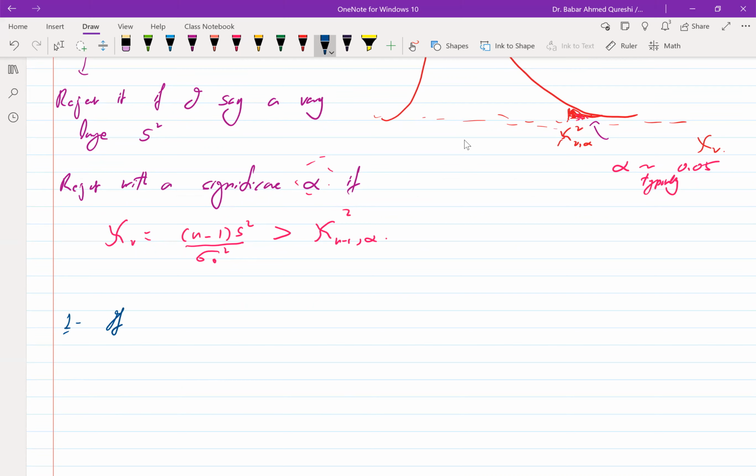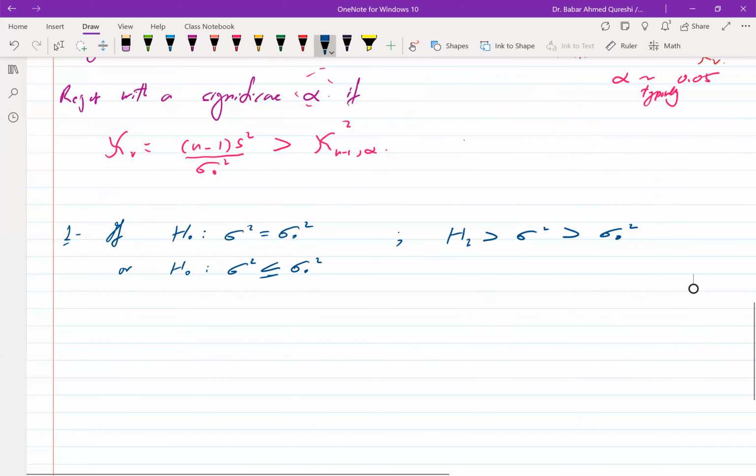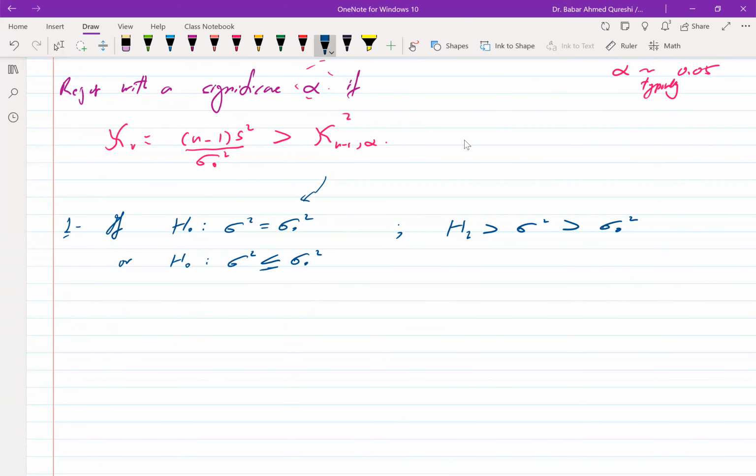If your H naught is sigma square is equal to sigma naught square, or H naught is sigma square is less than sigma naught square, and in both cases, if you take the alternate that sigma square is greater than sigma naught square, a certain hypothesized value, then you will reject H naught if this thing, n minus 1 S square over sigma naught square, is greater than this critical value.